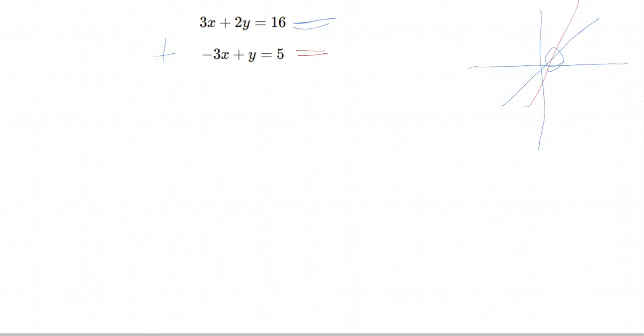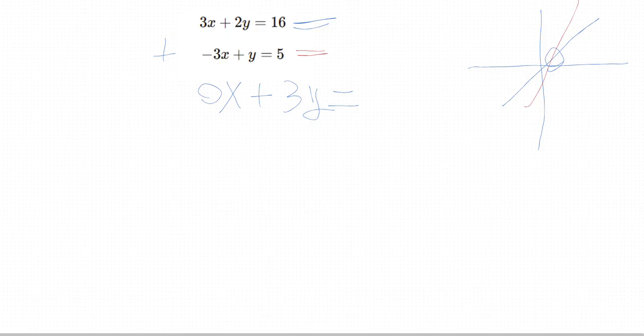And the purpose of it is to zero out one of the variables. We want one of the variables to be equal to 0, and we can solve the other variable. So when we look at 3x plus negative 3x, that's equivalent to 0x. And then we add the y terms together, we get 3y.